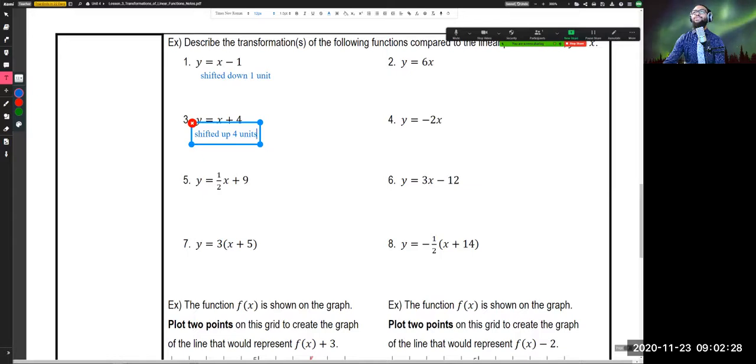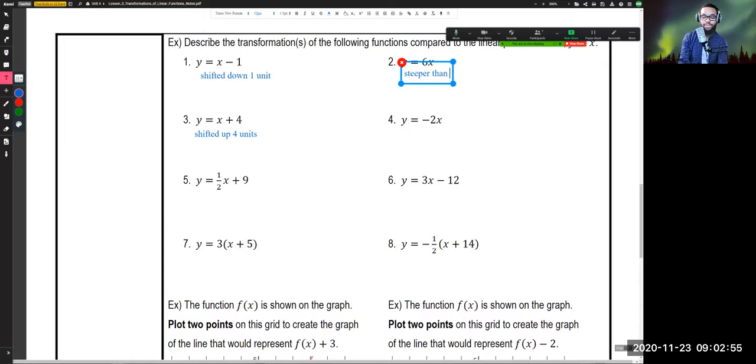Now, when we look at number 2, this has a slope other than 1. This has our slope being 6, and anytime we have a slope higher than 1, a slope that's greater than 1, our transformed function is going to be steeper than our parent function.